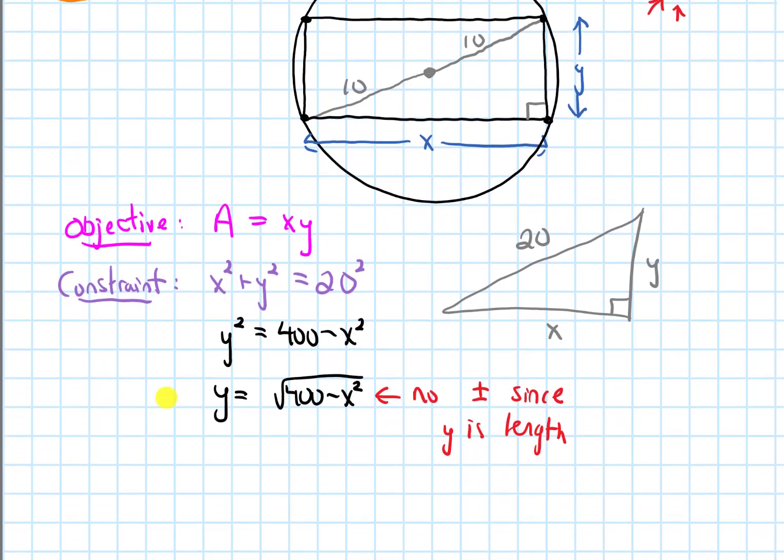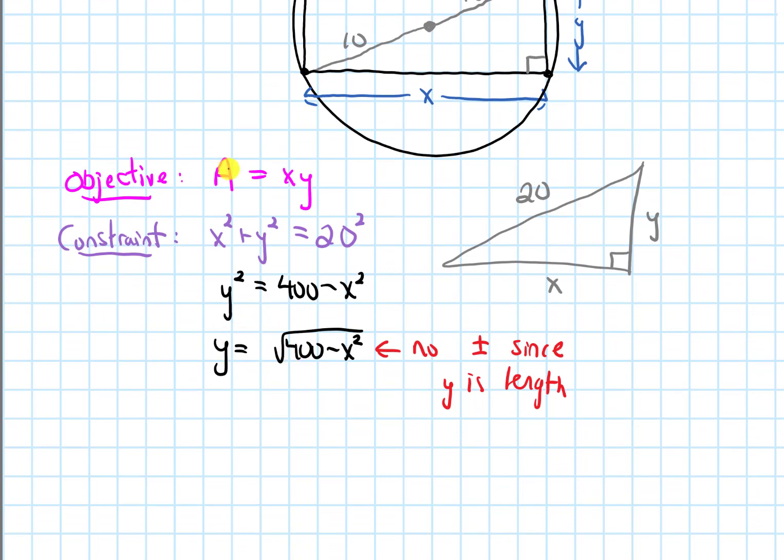So now we're ready to take that constraint and plug it into our objective. This gives us that our objective, A, is x times the square root of 400 minus x squared. From here, we need to find critical numbers and test them to see if they give us a max or min.